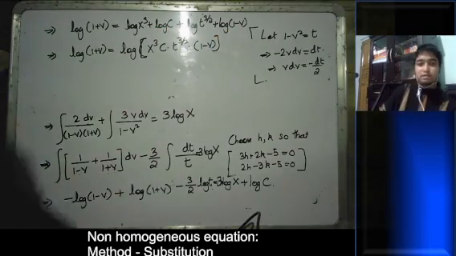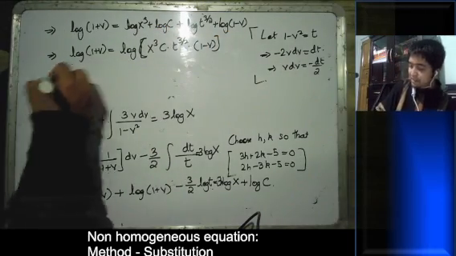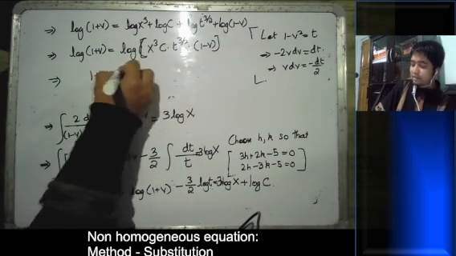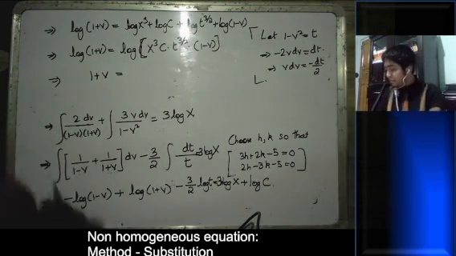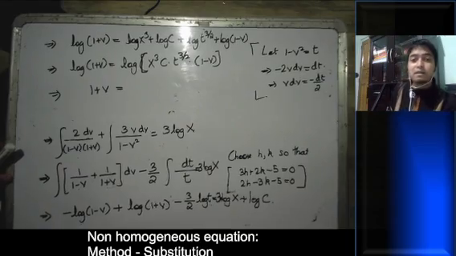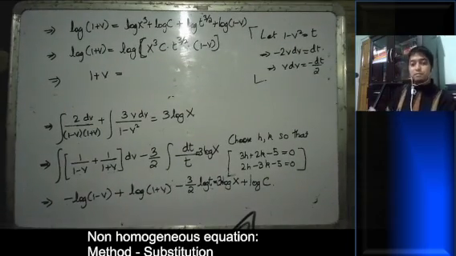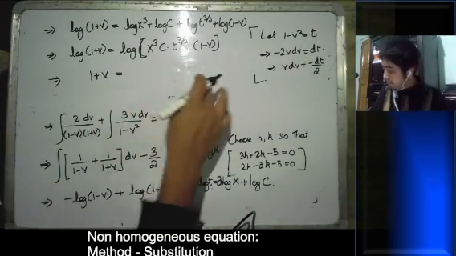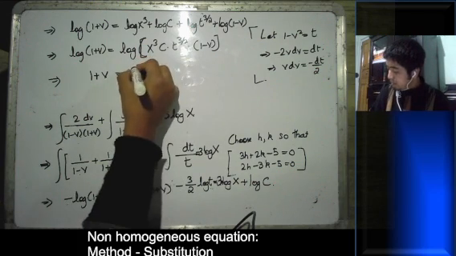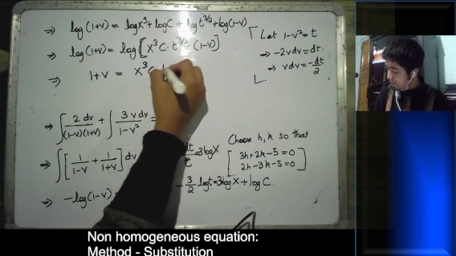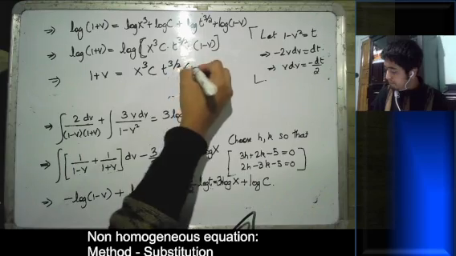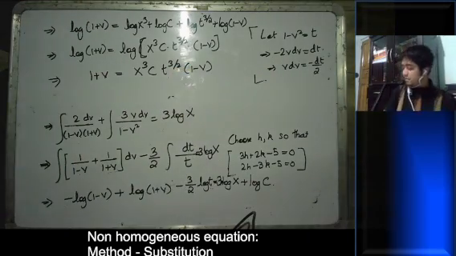So log and log, we can cancel them. In fact, we can do this because log is one-to-one. So we will be having this one. Now we just need to substitute all of them back.